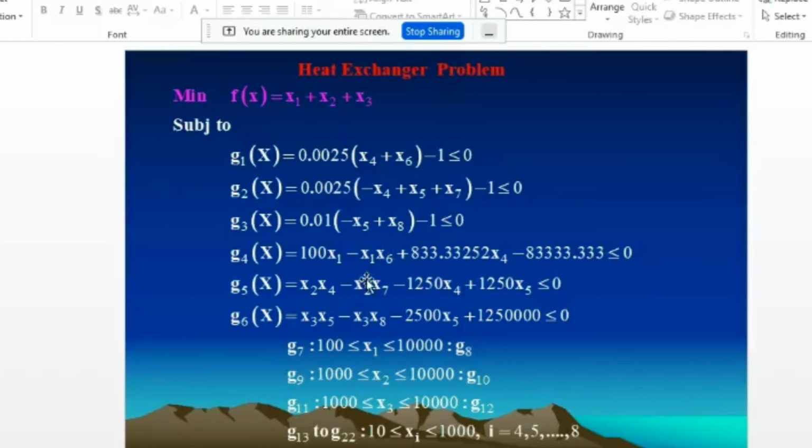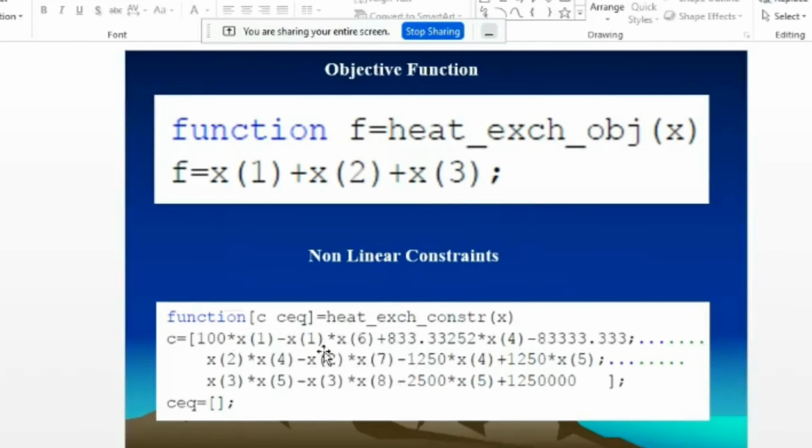So this is nonlinear, then G5 is nonlinear, then G6 is nonlinear. These three are nonlinear, whereas G1, G2, G3 are linear inequality constraints. With further simplification we can specify the values of the variables and right hand side constants, right? So an m file for the objective function, and another m file for the nonlinear inequality constraints, 3 constraints.